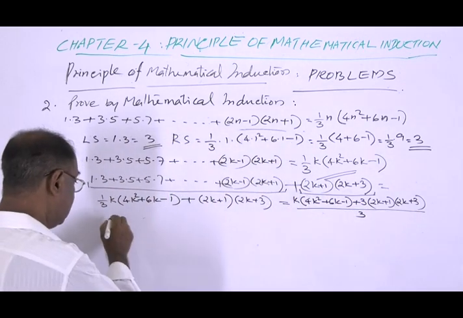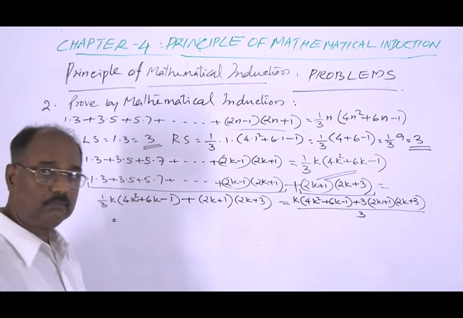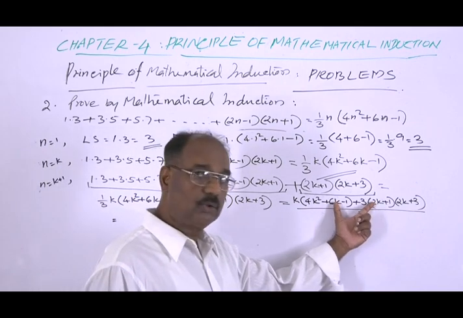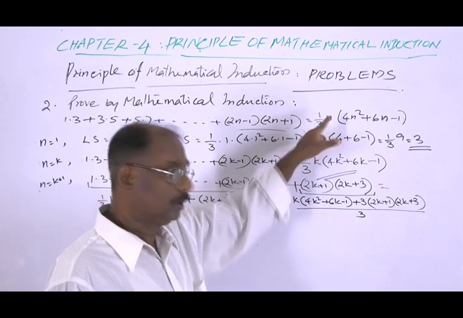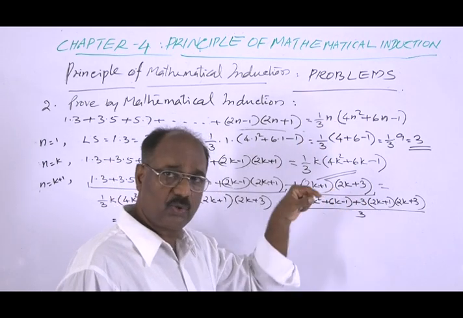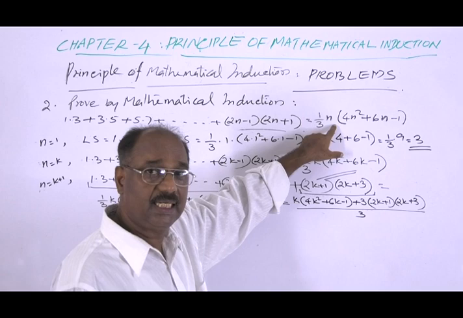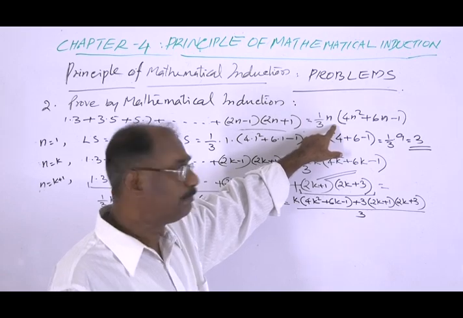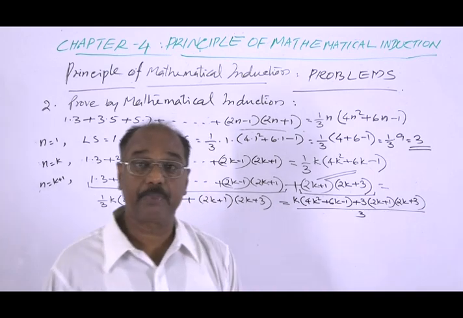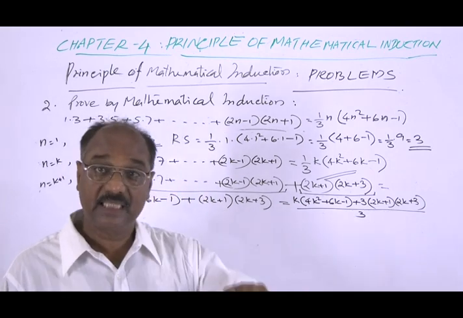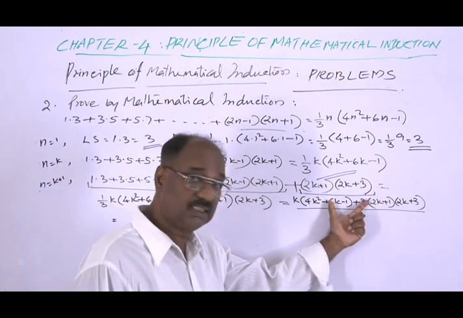And this is again equal to... So simplify this numerator to arrive at this form, exactly in this form. That is, in place of n, we have to put this k plus 1. In that way, simplify this.